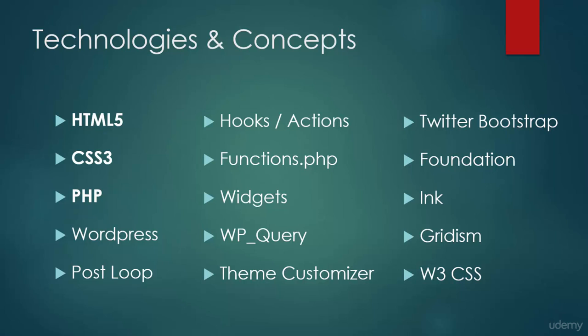So if you want to get queries by category or by users, anything like that. Theme customizer, which is fairly new. This is where we can actually store settings and values and things like that for particular themes.